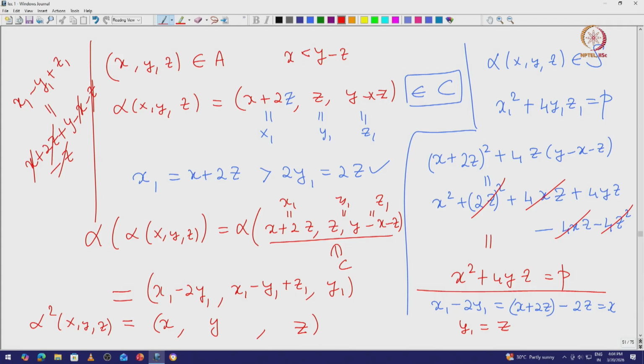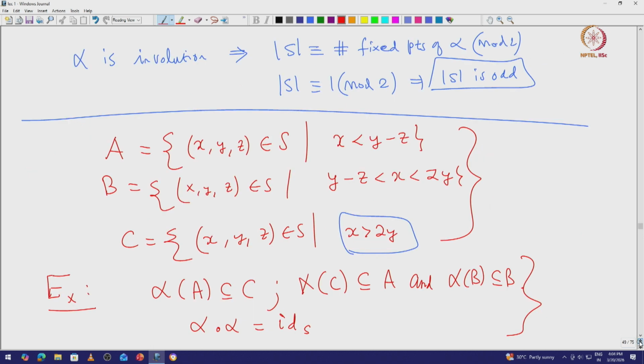Okay. So, this tells you that at least on capital A, alpha restricted to A maps A to C and alpha square is identity. Again, the remaining things can be checked similarly, that alpha of C maps to A and alpha of B maps to B, and alpha square is again identity. So, that proves that alpha must be an involution.